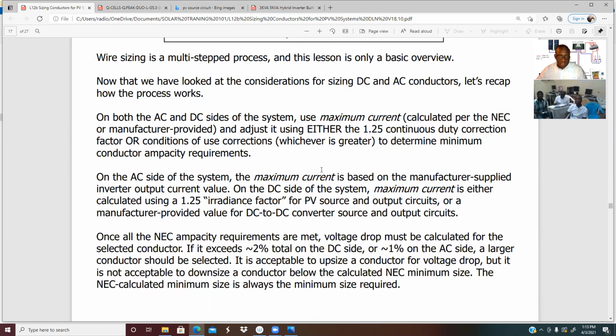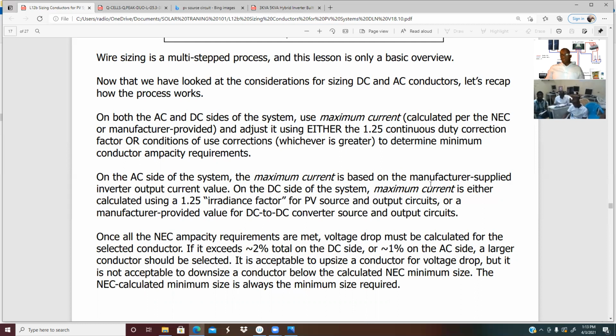For the AC side of the system, the maximum current is based on the manufacturer's supplied inverter output current value. On the DC side of the system, the maximum current is either calculated using your 1.25 irradiance factor for PV source and output circuit, or a manufacturer provided value for DC to DC converter source output circuit.